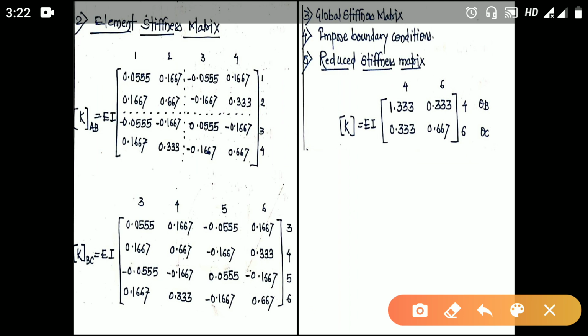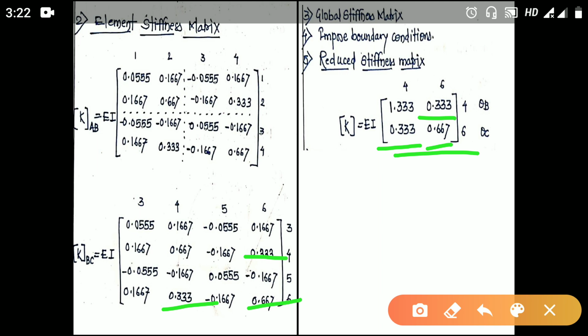The next one is 6,4, which is 0.333. Write down here. Then the combination 4,6, that is this one, and last 6,6, that is 0.667, written here.